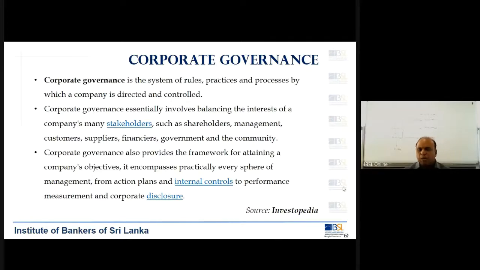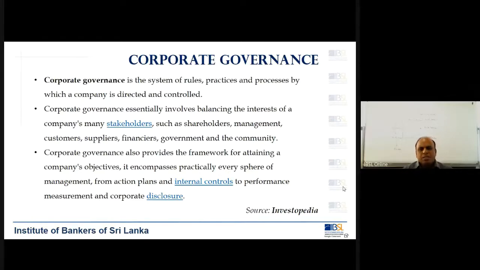Now, if you look at your respective banks, you will have so many policies. You might have circulars, directions, instructions. So many things are there within your bank. Why are all these there? That is to better control and direct your company or the bank.